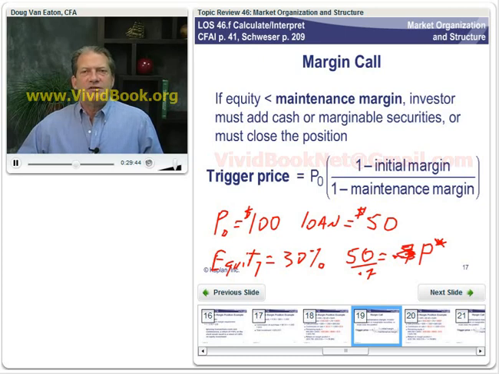Now that's essentially the same thing we've got going in the formula. So just remember, your loan doesn't change. If the minimum equity is 30%, then your loan has to be 70%. Set it up: $50 equals 70% of the price, or whatever your loan amount was originally. Do it on a per share basis. If they tell you there's 650 shares, don't let that throw you off. You can figure these on a per share basis.